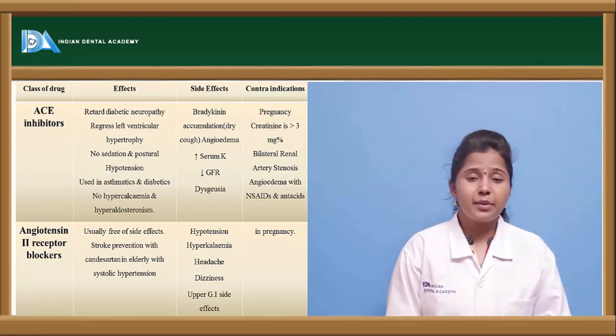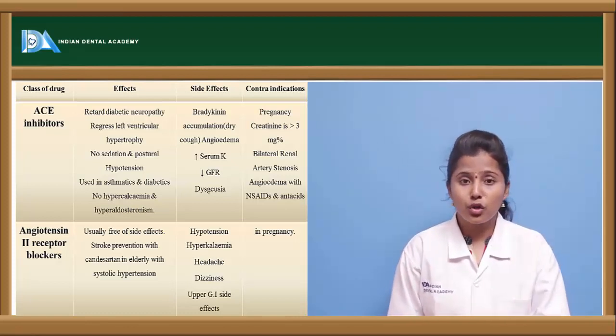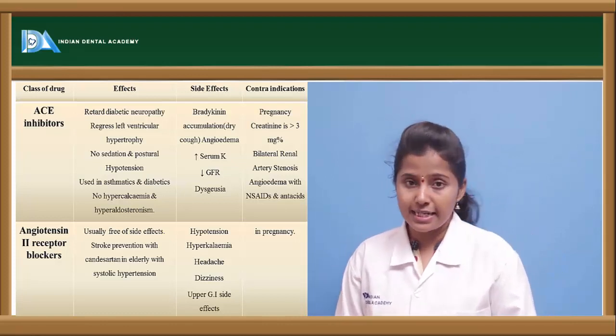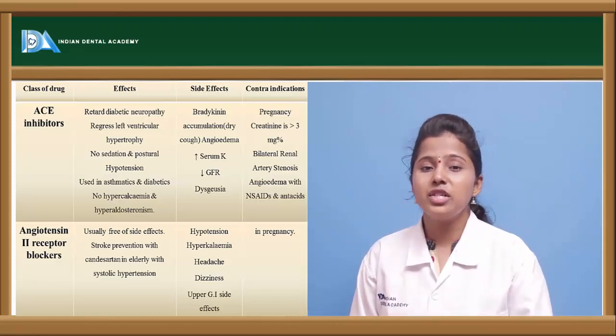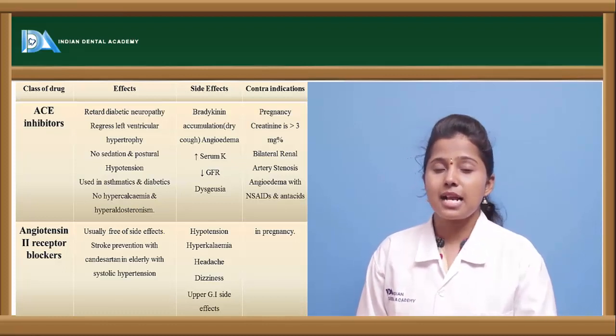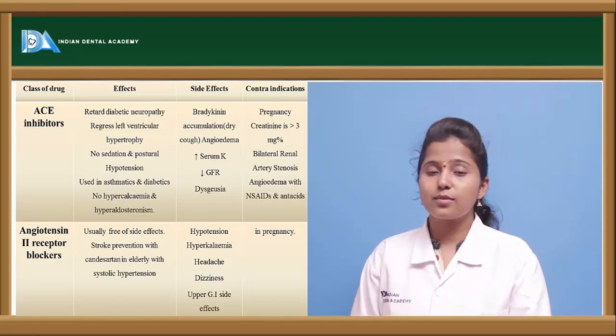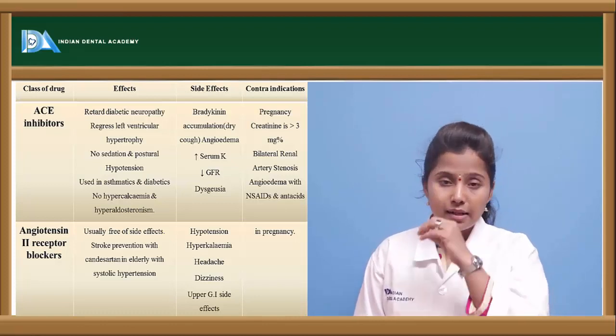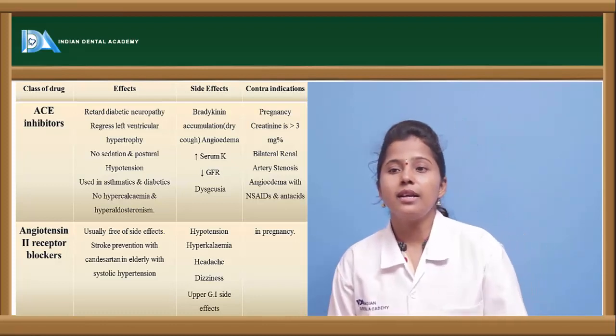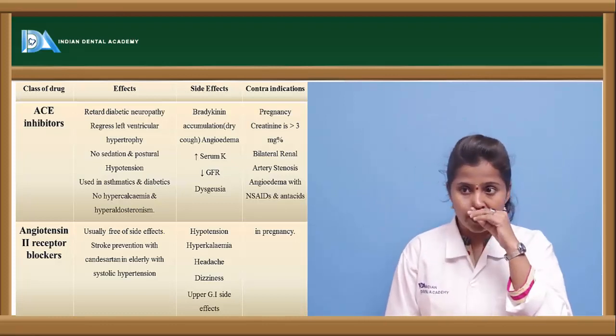And these ACE inhibitors should be contraindicated or should not be given in pregnancy, or if the creatinine level is greater than 3 mg%. This creatinine is calculated in mg%, and if the urine creatinine level or blood creatinine level is greater than 3 mg%, then ACE inhibitors should be contraindicated.